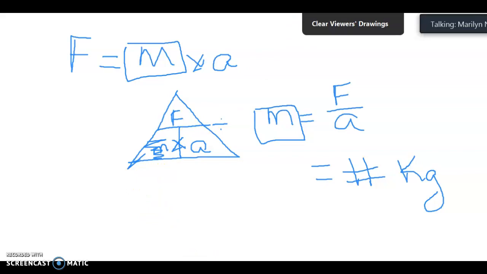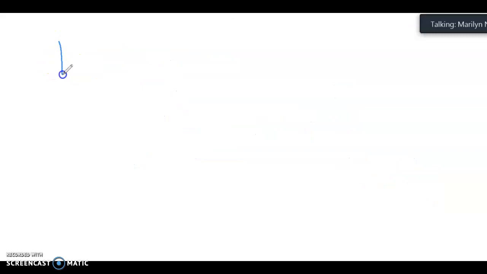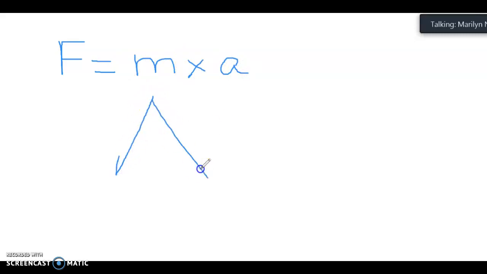Then, if you are looking for acceleration, first step, copy the main equation, that is force equals mass times acceleration. Draw the triangle, put the letter F at the top, then M, A. This line means division, this line multiplication.